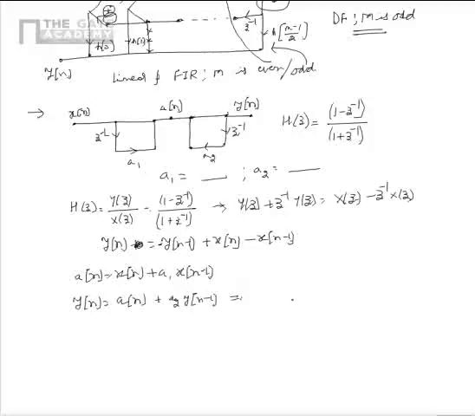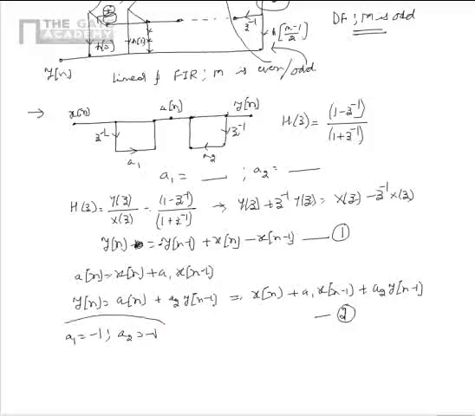So upon simplifying we get y of n is equal to x of n plus a1 x of n minus 1 plus a2 y of n minus 1. Upon comparing the LCCDE that we got from the system function with the LCCDE that we got from the filter structure, we get that a1 is equal to minus 1 and a2 is equal to minus 1.